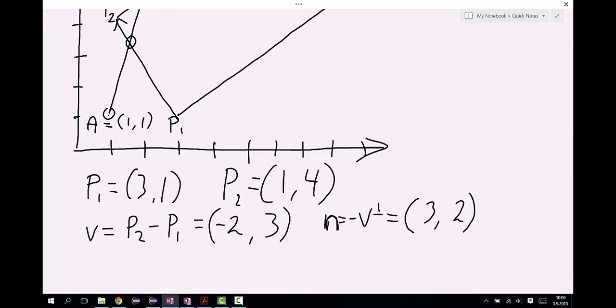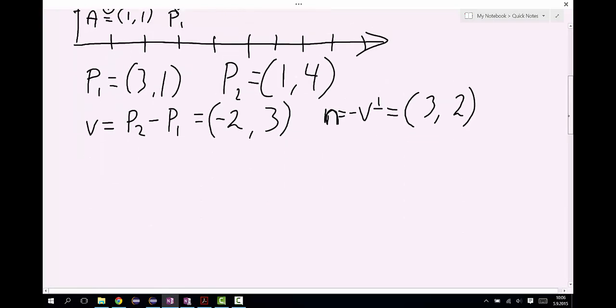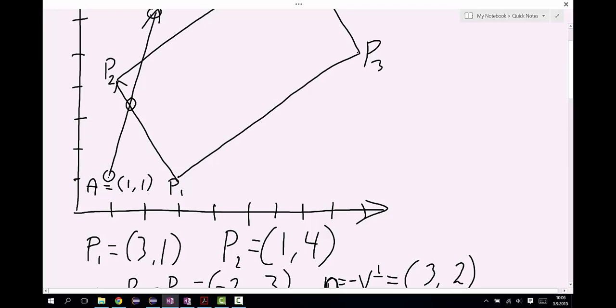Anyway, so we have a normal vector (3, 2) here, and we can draw that vector on the image as well. If we're going to use for the point normal form the point P1, which is fine, we'll use this point here, and we'll use a vector that's (3, 2), which would look like this. So that's our vector n right there.